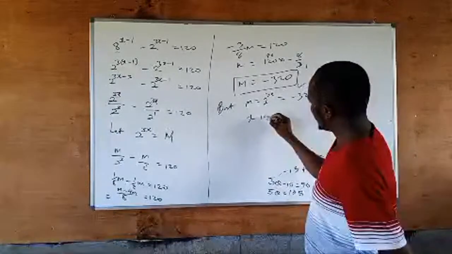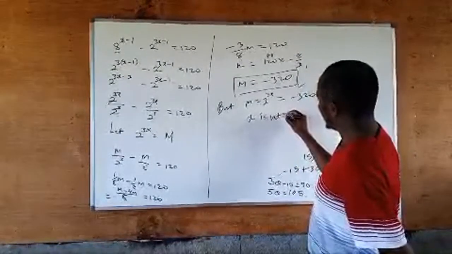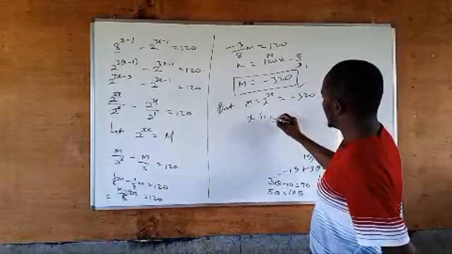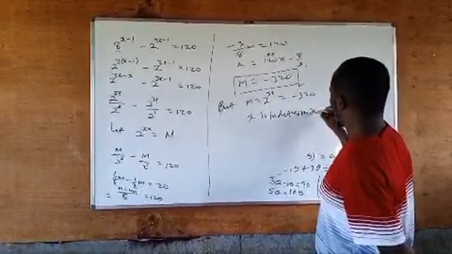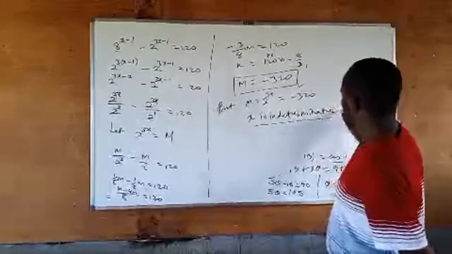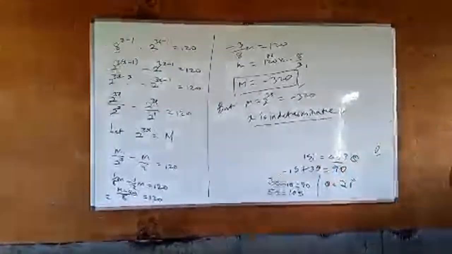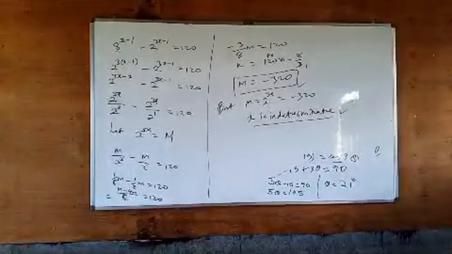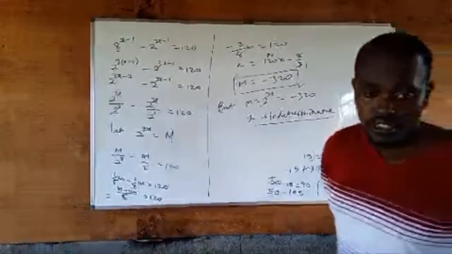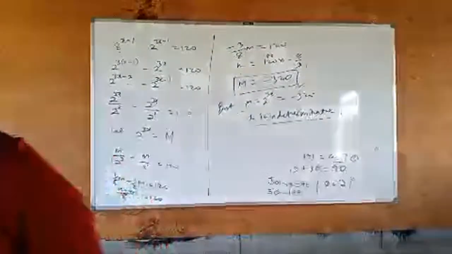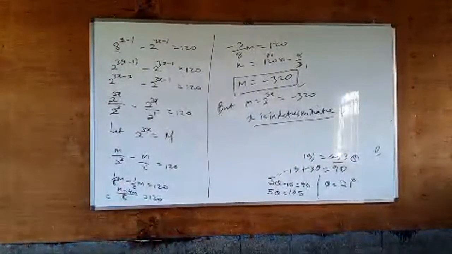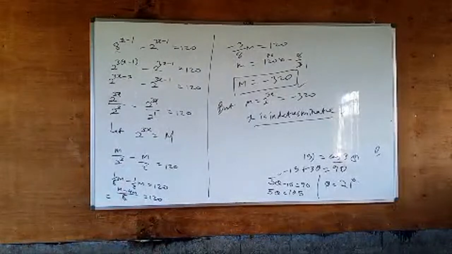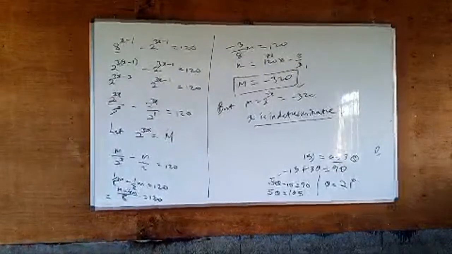X is indeterminate. Ama 320 badala 320 tunataka raised to 2. Tuweka yani something 2 raised to kama 10 tuone inakuja nini kama 7, 9, 2 raised to 9.